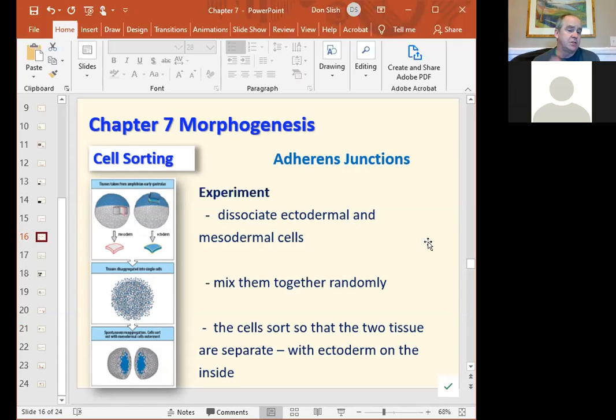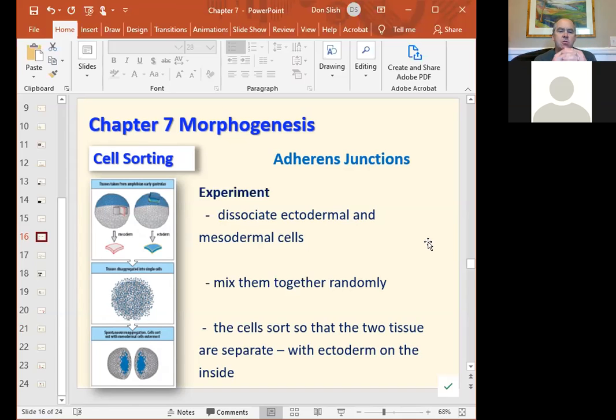Here on slide 16, it shows you how cells can rearrange themselves based on their adherens junctions. Remember, adherens junctions are always the same, so you have to have the same cadherin in order to join to a cell. Here we've got two different types of cells: mesodermal cells and ectodermal cells. Mesoderm is going to stick to mesoderm, ectoderm is going to stick to ectoderm.